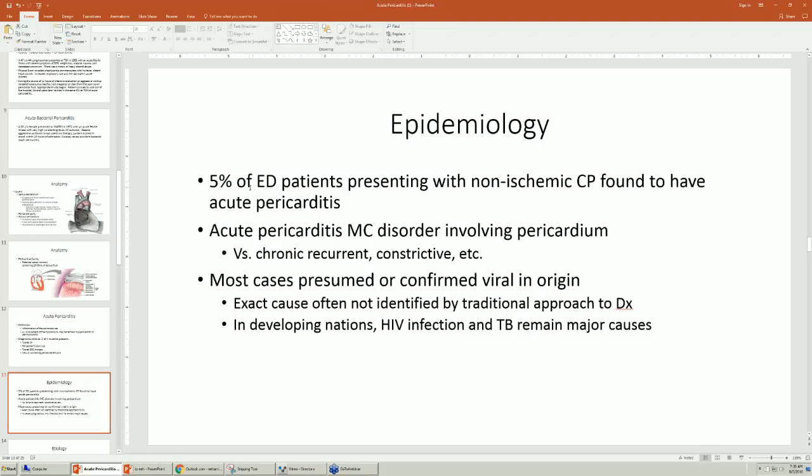And then we have like 12% of people that are there with either a STEMI or non-STEMI or acute coronary insufficiency. And so those are the ones we're trying to sort out.